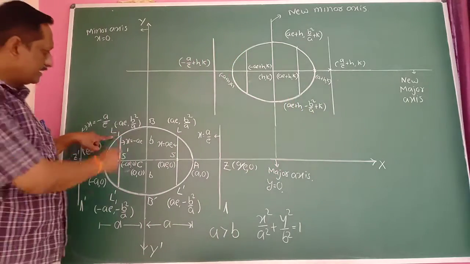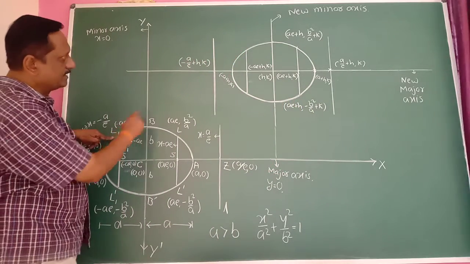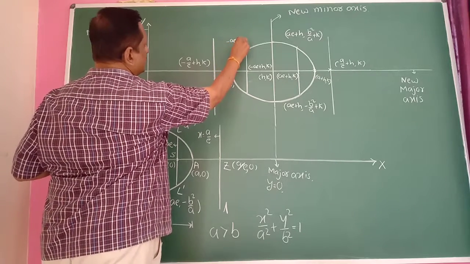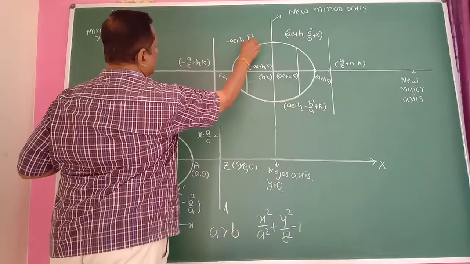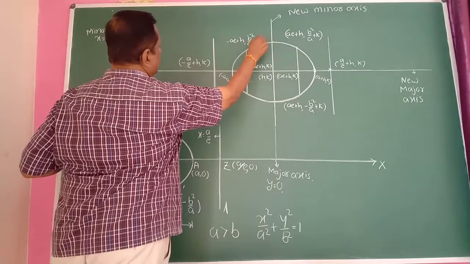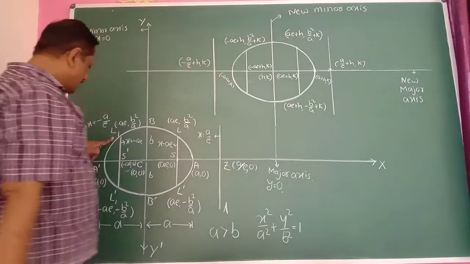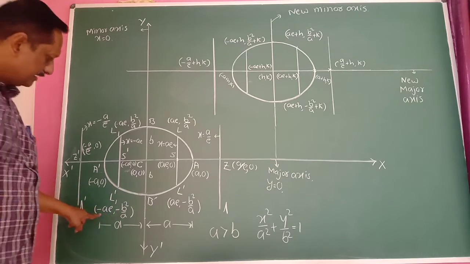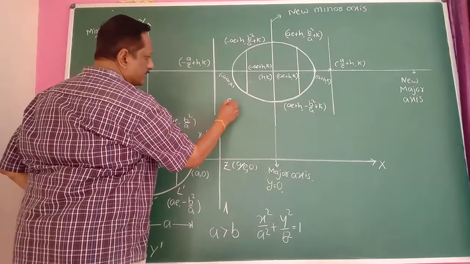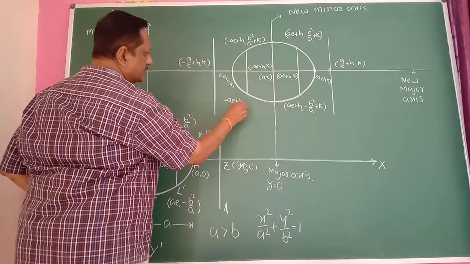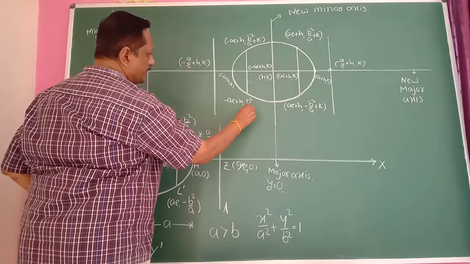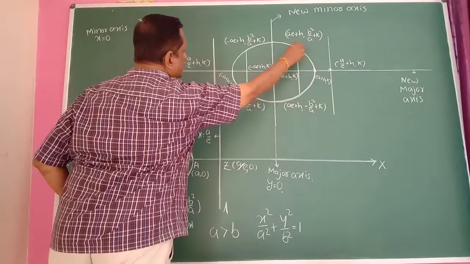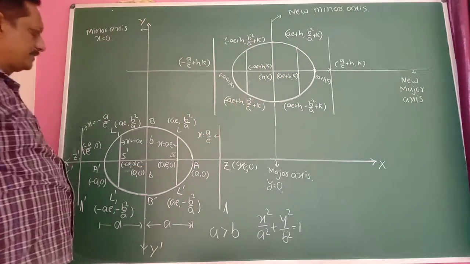Coordinate of L1: minus ae plus h comma b square divided by a plus k. And the coordinate of L1 dash: minus ae plus h comma minus b square divided by a plus k. These are the ends of the latus rectum.